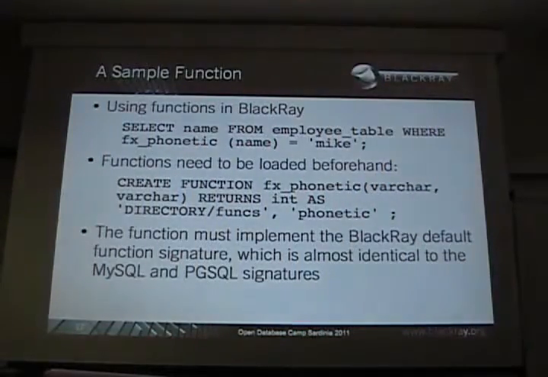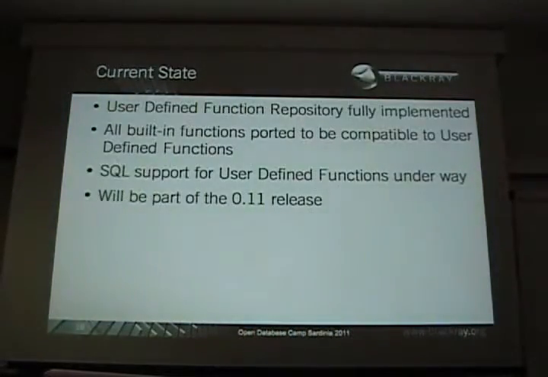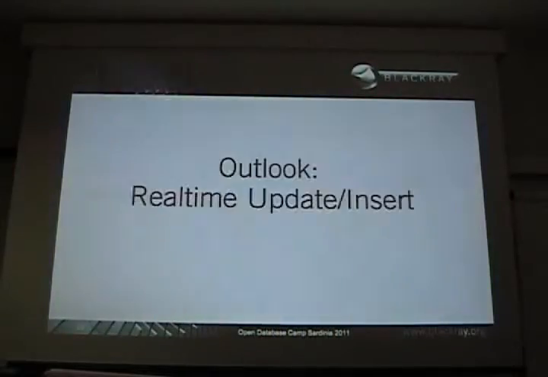And that allows you to perform a search on the name or on the phonetic of the name, either way. One way we were experimenting with was virtual column names. But if you use virtual column names, then it's difficult to combine functions. And this is going to be in the 0.11 release.